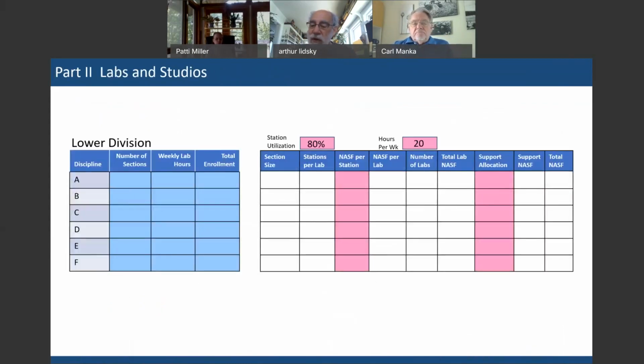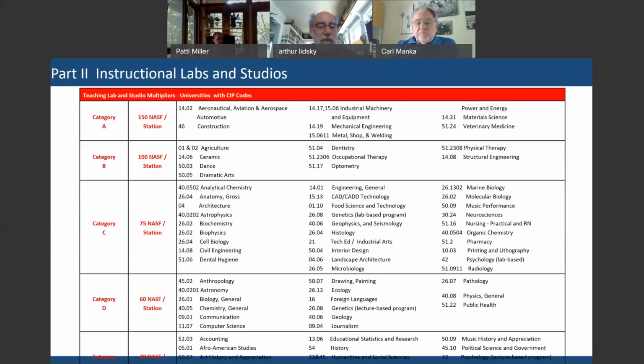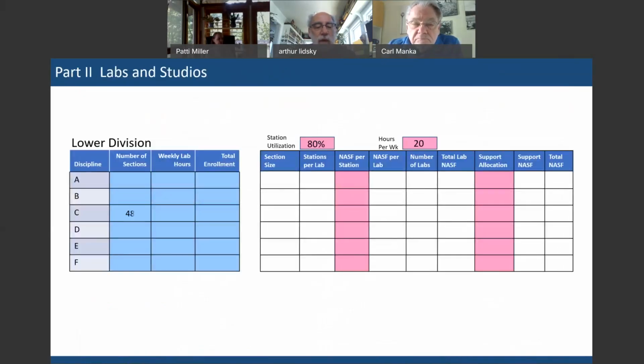So I'm going to stop here because I think this is as far as we've gone in the other recording, but essentially what you're looking for is the number of sections in each of those disciplines. So for instance, in discipline C, which is 75 square feet per station for architecture, biochemistry, biophysics, and so on, you need the number of weekly lab hours and total enrollment, and then again, at 80%, a lab of 22 section size would require a lab of 28 seats.